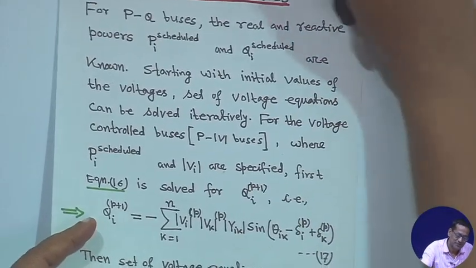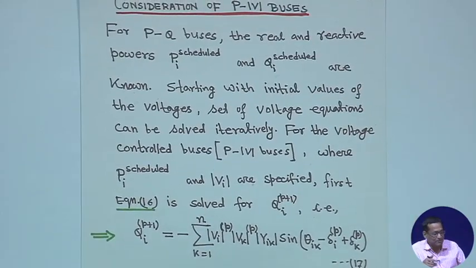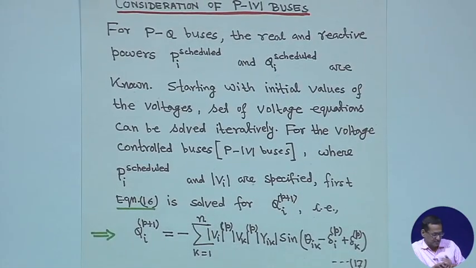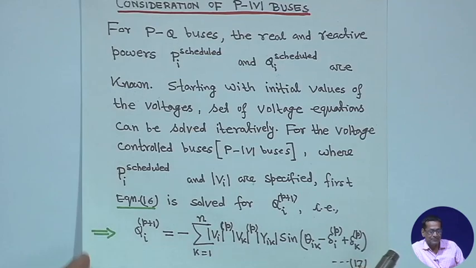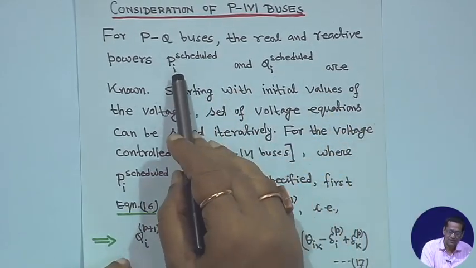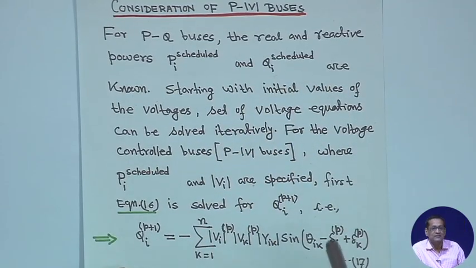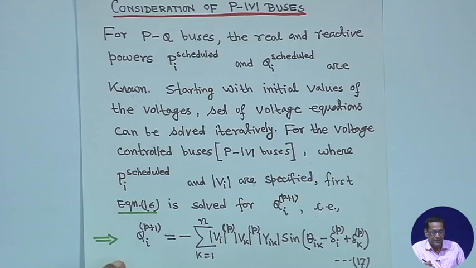Now, consideration of PV buses. In the Gauss-Seidel method or the Newton-Raphson method, Newton-Raphson will come later. For PQ buses, the real and reactive powers P_i schedule and Q_i schedule are both known. Later we will see how to compute them.